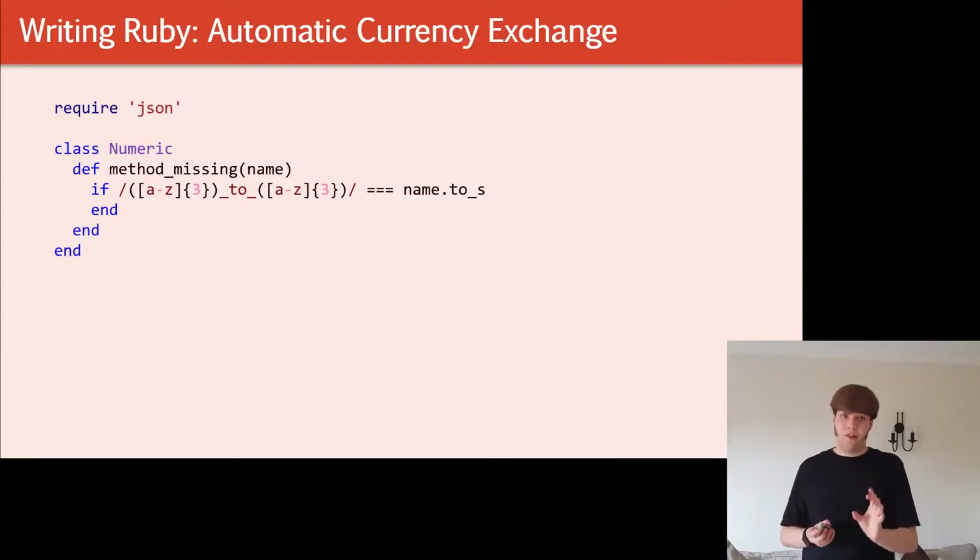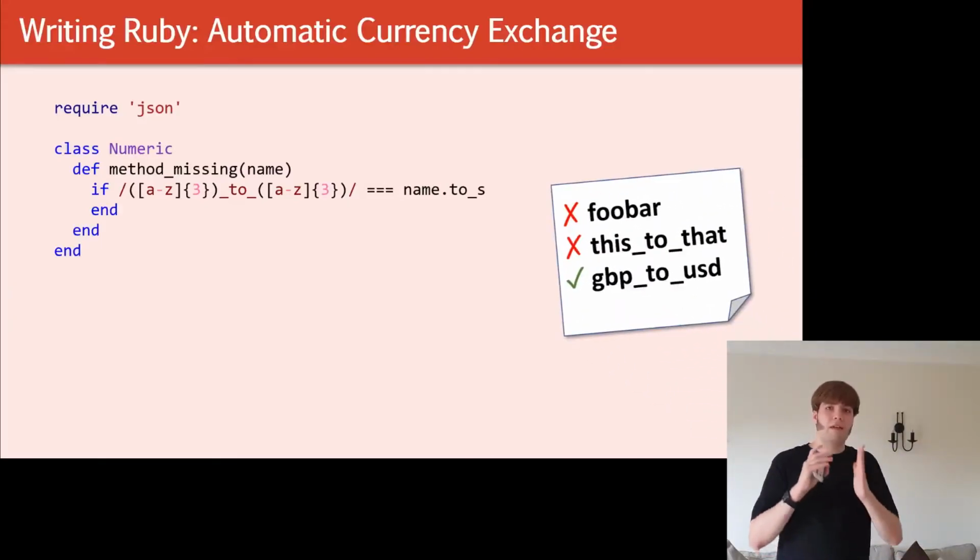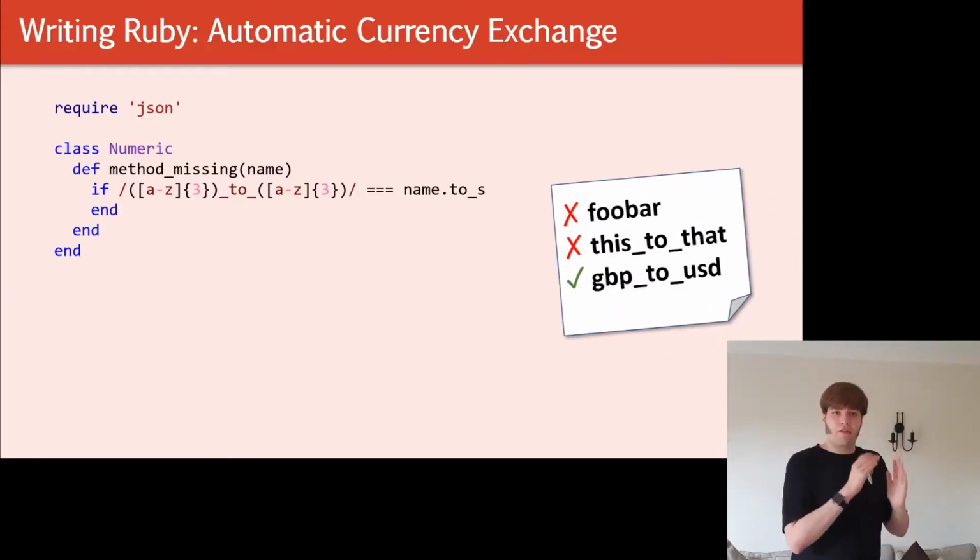This regular expression matches 3 lowercase letters, 2, and another 3 lowercase letters in snake case. To simplify all that, we're looking for a call like gbp_to_usd, where the GBP and USD are the currency codes for pounds and dollars.